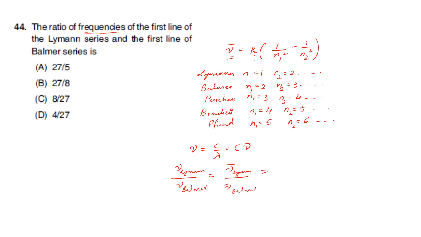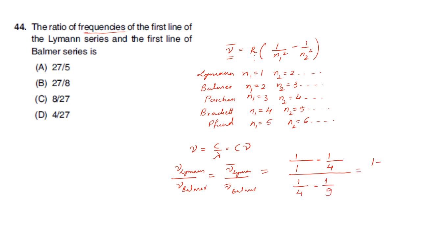So R gets cancelled. So 1 upon, here n1 for Lyman series is 1, minus 1 upon n2, that is 2 square is 4, divided by, for Balmer it is 1 upon 2 square, 4, minus 1 upon 9.